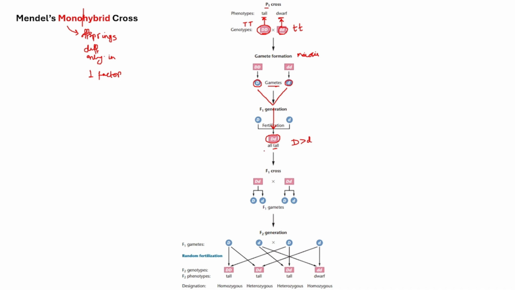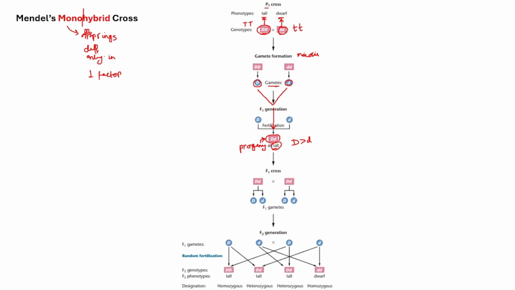So this is the progeny that you get after the first cross. It has the genotype capital D and small d, capital D will dominate over small d, and the overall phenotype will be tall. So this is the F1 generation.